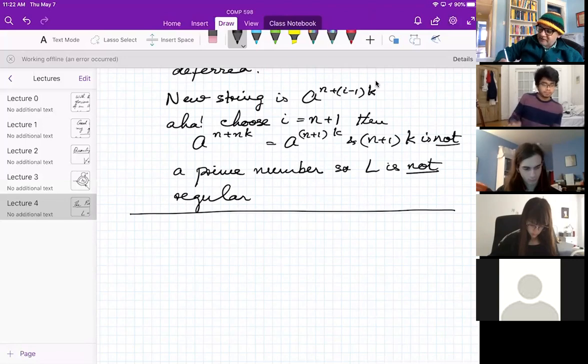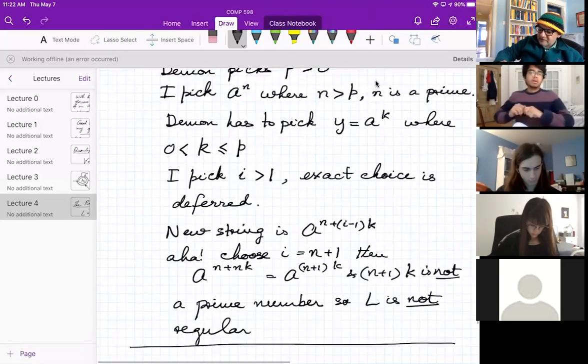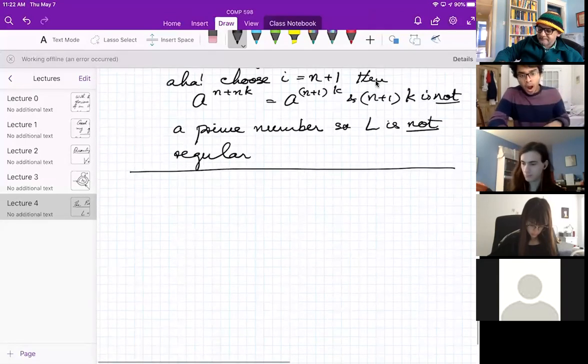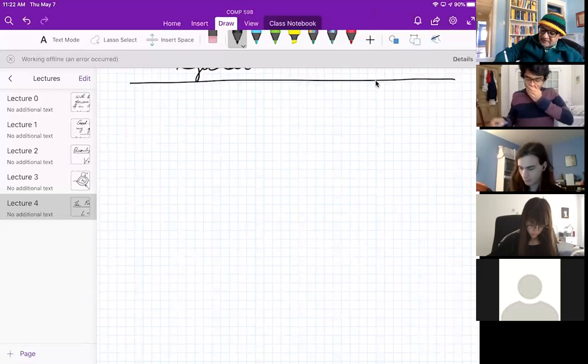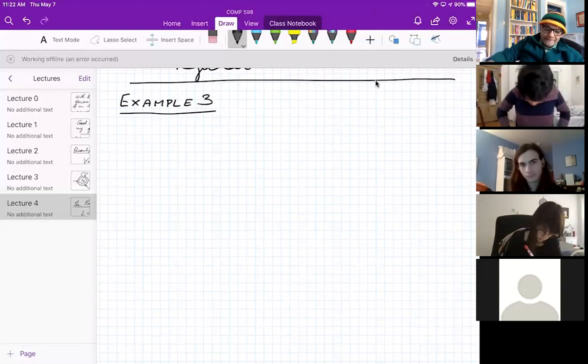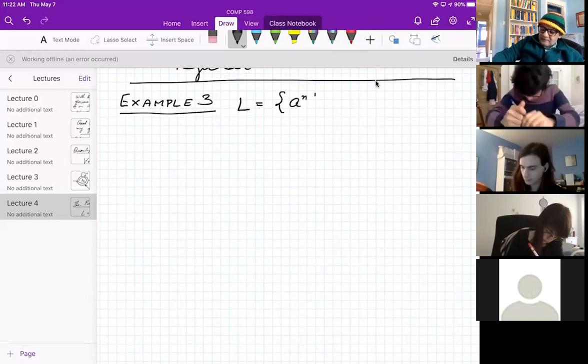So let's try another example. That was example 2. Let's do example 3. So here the language is a to the n, b to the m, with n not equal to m.